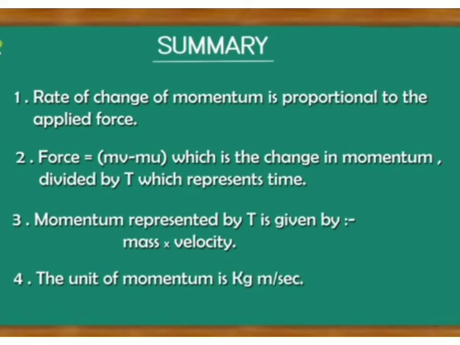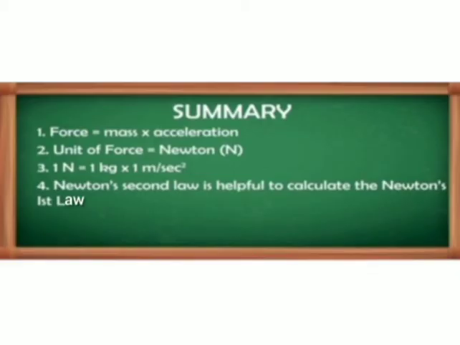The unit of momentum is kg meter per second. Force equal to mass into acceleration. The unit of force is Newton, represented by capital N. 1 Newton equal to 1 kg into 1 meter per second square. Newton's second law is helpful to derive Newton's first law. This is all in this topic.